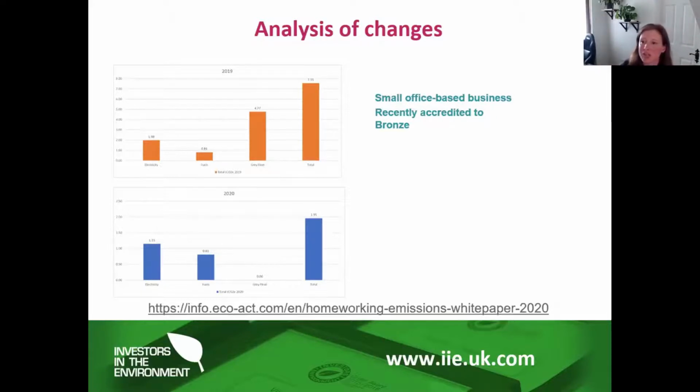So there's a real shift of emissions over the last year, with more people working from home. At IIE, we've developed a calculator for estimating working from home emissions, and that's based on this home working emissions white paper, which was published last year. And again, I've put the link here so that people can have a look at it and have a read if you're interested.